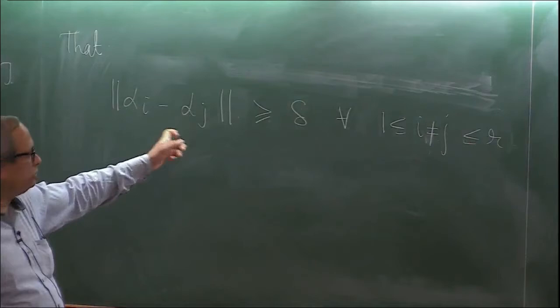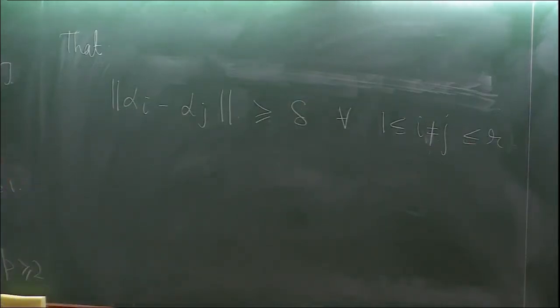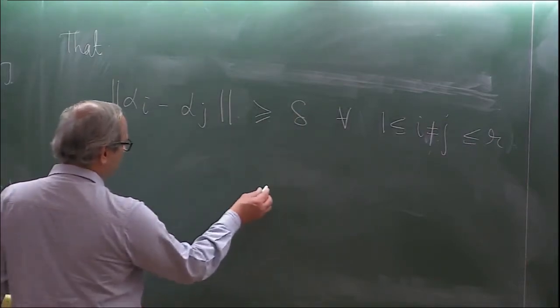So if you take any two elements of this sequence, they must have a spacing of at least delta, and they must be elements of S.